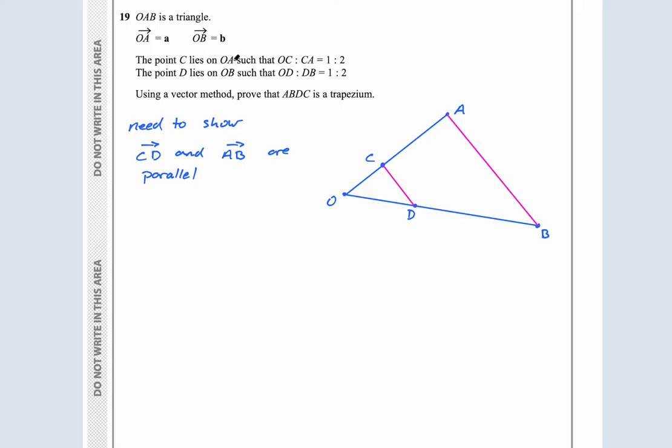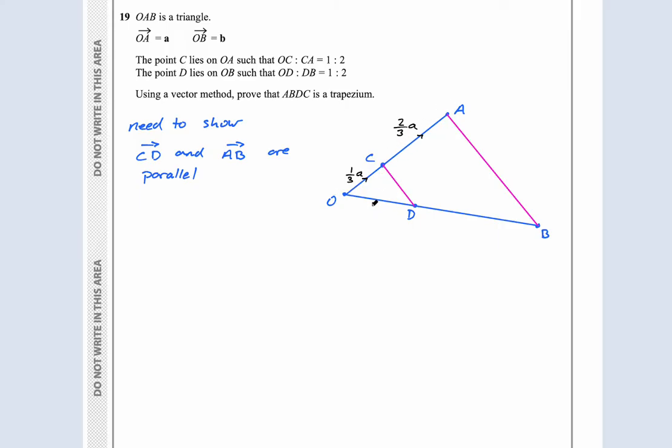Okay, now OA is A, so that means O to C is 1/3 A. So this is 1/3 A, and this is 2/3 A. How did I get that? Well, if it's in the ratio 1 to 2, that means if you add 1 and 2, you get 3. So one of the 3 parts, a third A, is this bit, and this is 2/3 A.